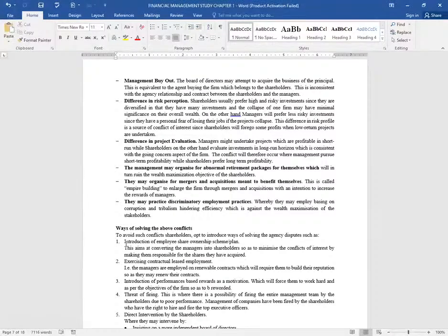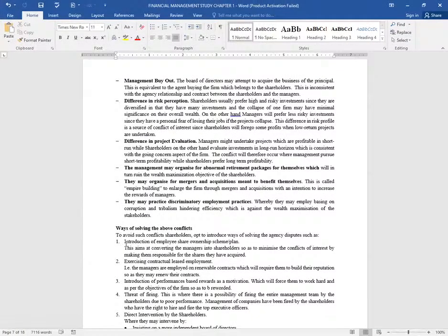That's very important. Once they know that, then automatically they'll start seeing themselves as owners of the business. So that is one of the ways of realigning the interests, of solving the conflicts.